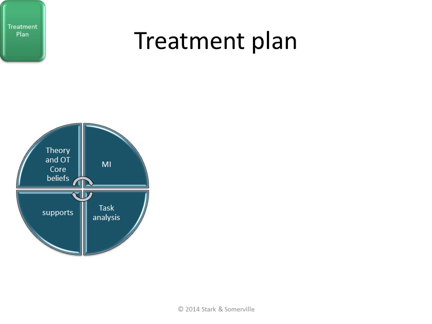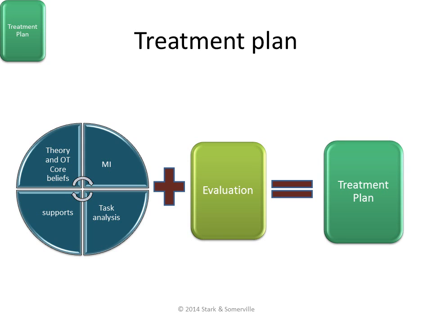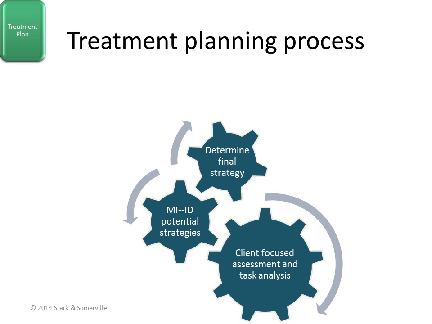We start with our theory and just our core beliefs, and together with motivational interviewing, which we talked about earlier, we're going to use some of those strategies with task analysis to combine with what the results of the evaluation are to come up with our overall treatment plan for that person. So all these things are working together to come up with the best strategies that we can for our clients.